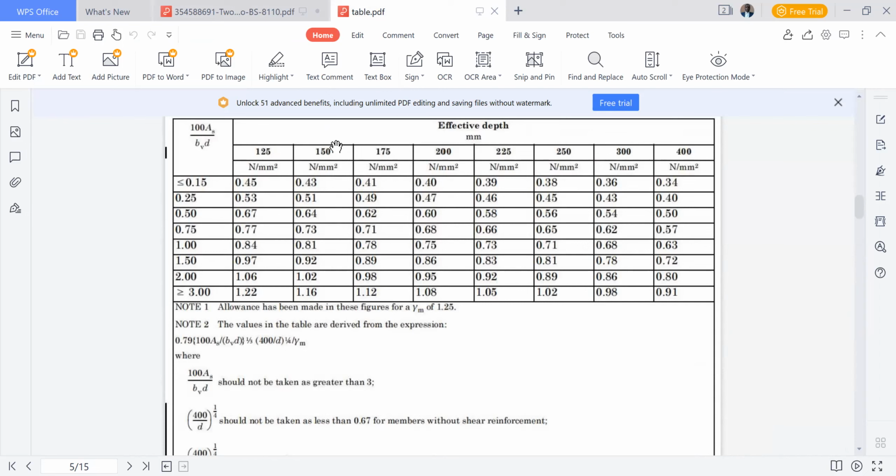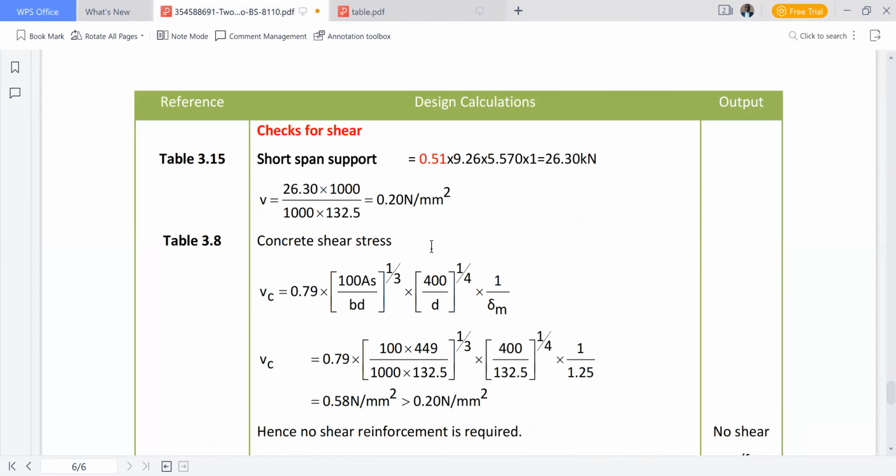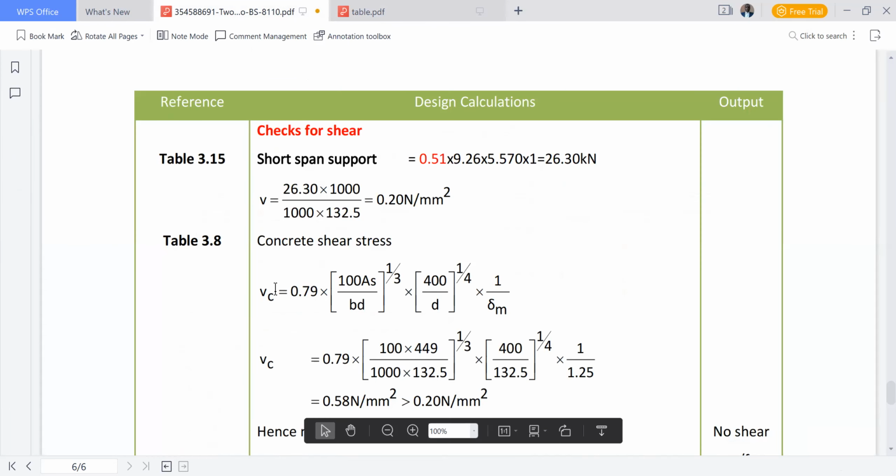But our value does not coincide with any of these, so we use this particular formula here to calculate. This formula, we start with 0.79 into 100 As over bd. Now we'll come and use the formula here, 0.79, and we just substitute.